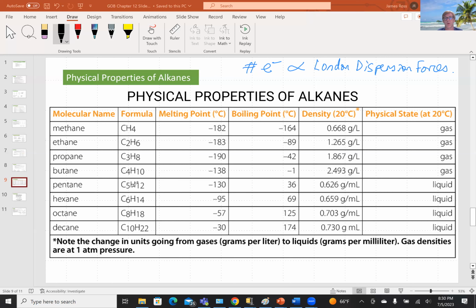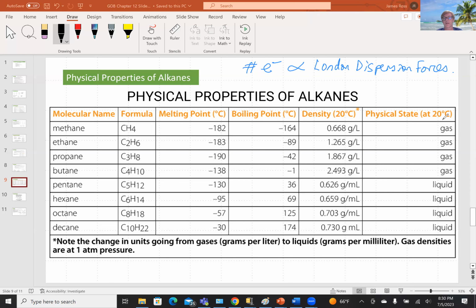And as you can see, the boiling and the melting point increase. You can also see that as the physical properties increase, we shift from a gas to a liquid, and then ultimately we would hit a solid if the list continued.